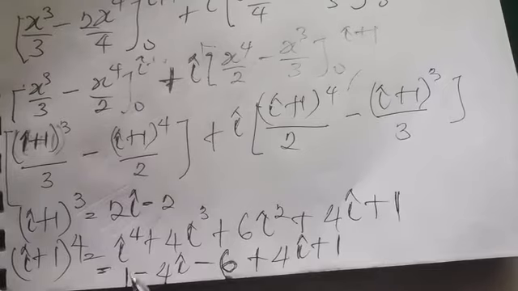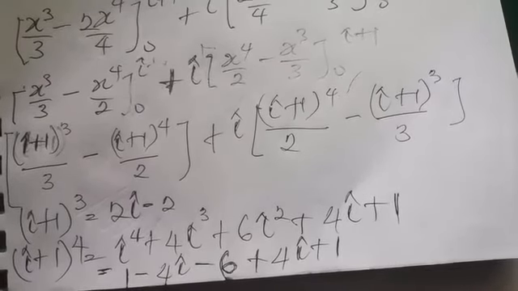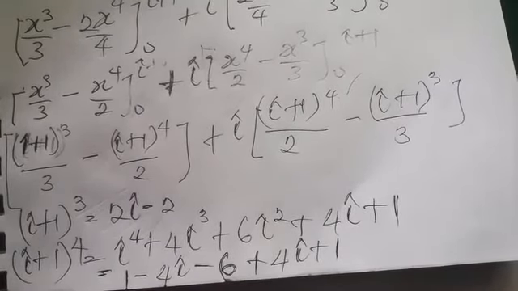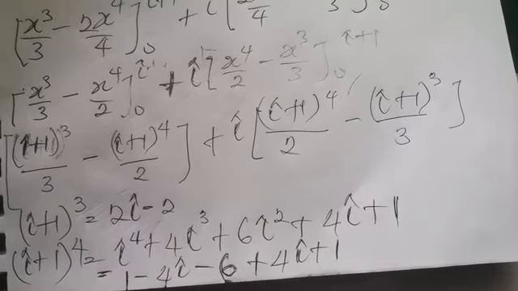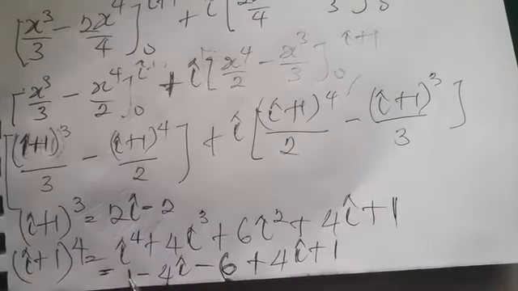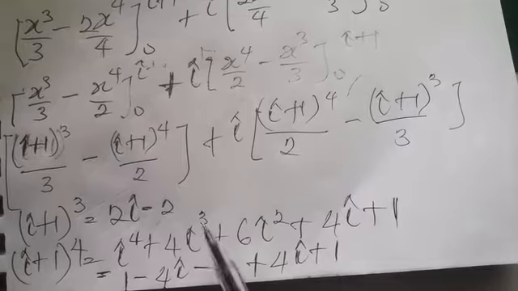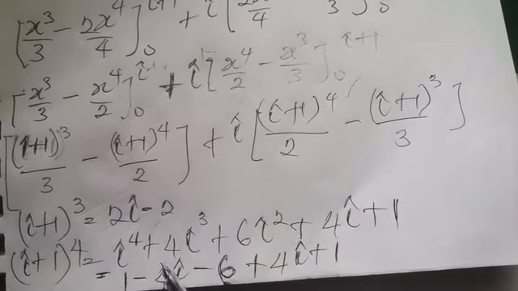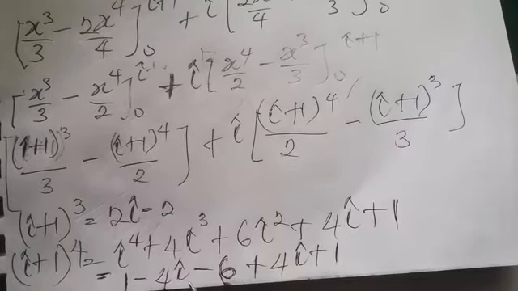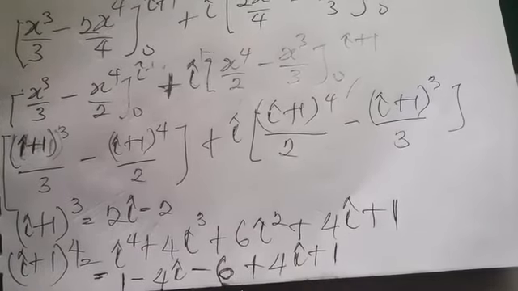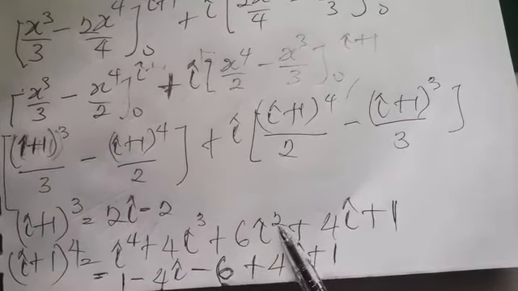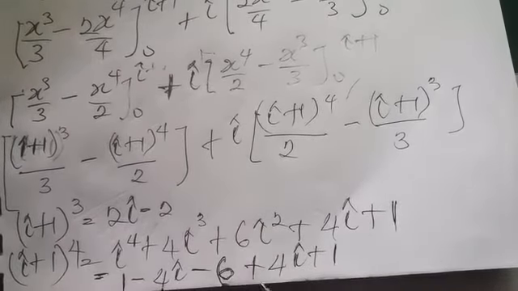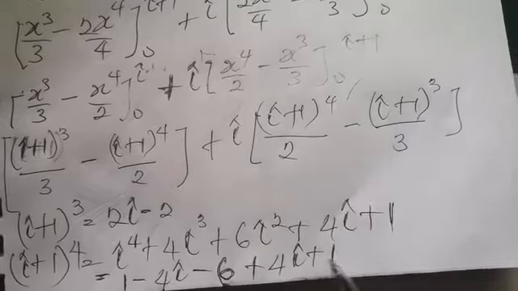Keeping in mind that i to the power of 4 is i squared times i squared, and i squared is minus 1, so you have minus 1 times minus 1. That simply gives us 1. Again, i cubed is the same thing as minus i, so 4i cubed gives us minus 4i. Then i squared is minus 1, so 6i squared becomes minus 6, plus 4i plus 1.